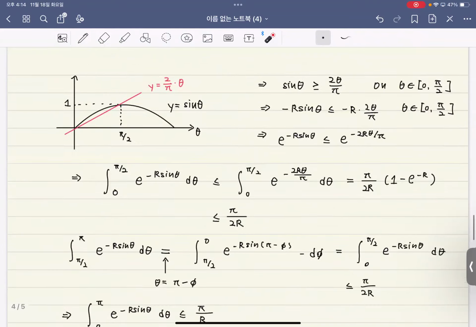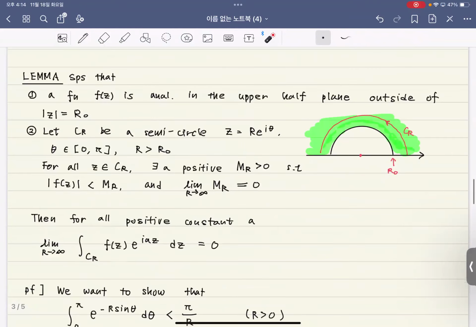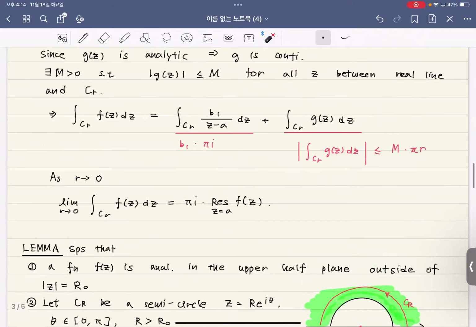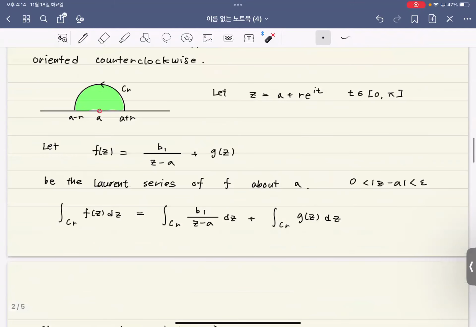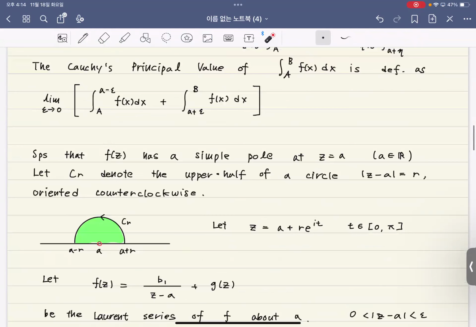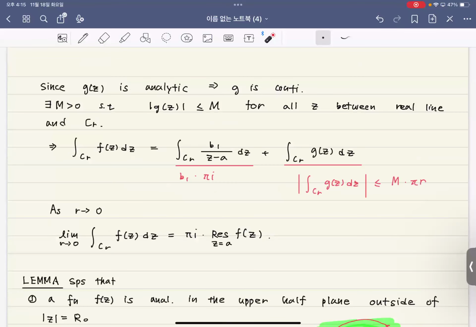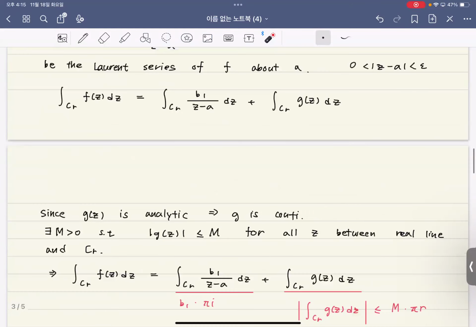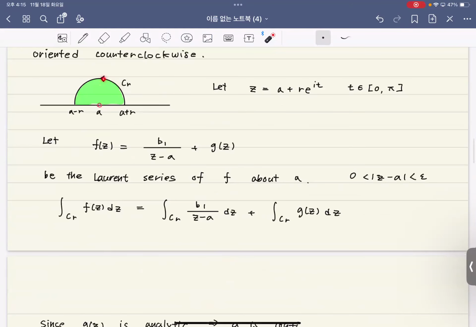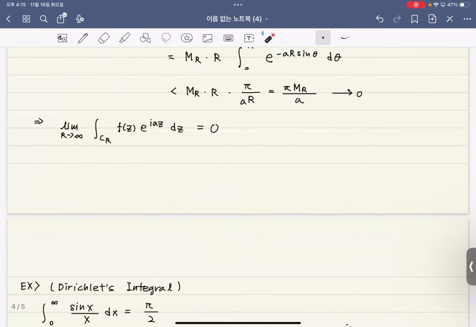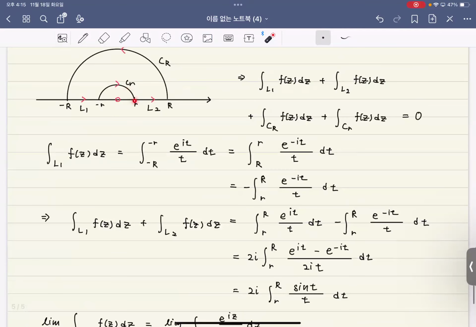Now I go back to the previous lecture note. It says, if my function f of z has a simple pole at some real number, then this limit will tend to pi times i times the residue at this point. But hold on. This time around, the semicircle is oriented counterclockwise, but now my curve is oriented clockwise.